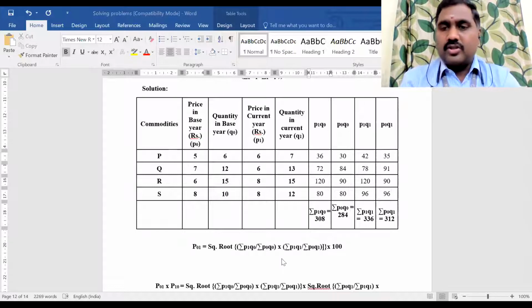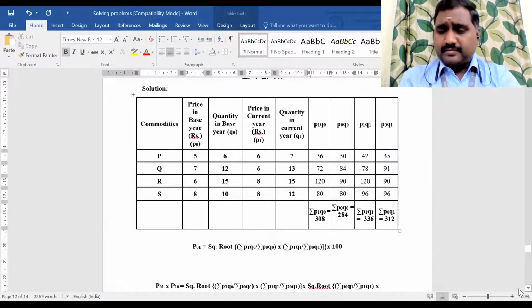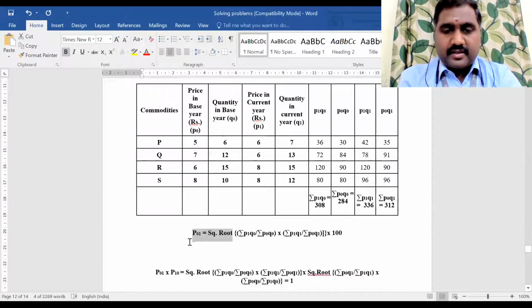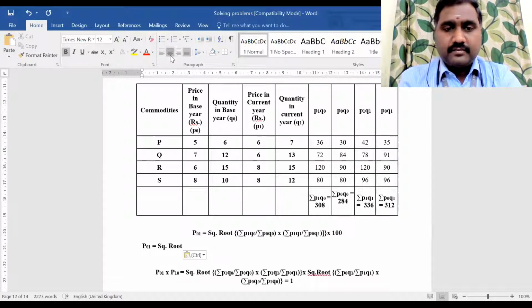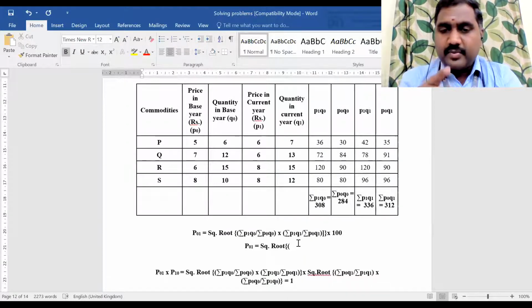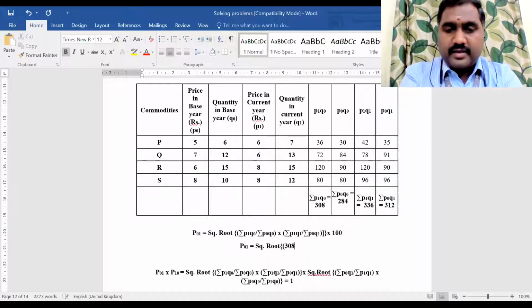Now we got all the combinations, right? So first we have to find the Fisher index number. I'll just copy this. Summation P1 Q0, that is 308 divided by 284, into P1 Q1 336 divided by 312, close the bracket, into 100.